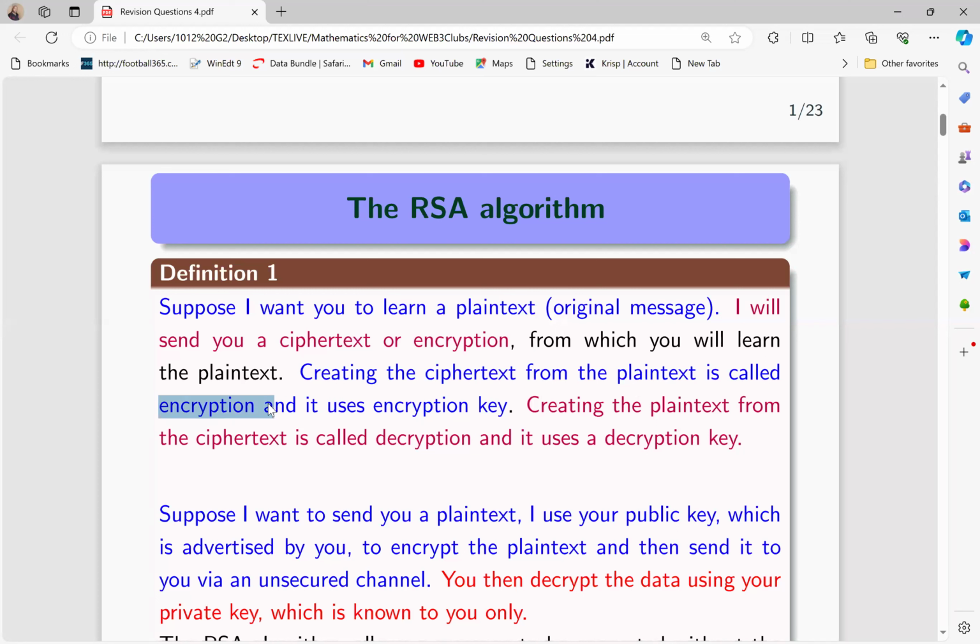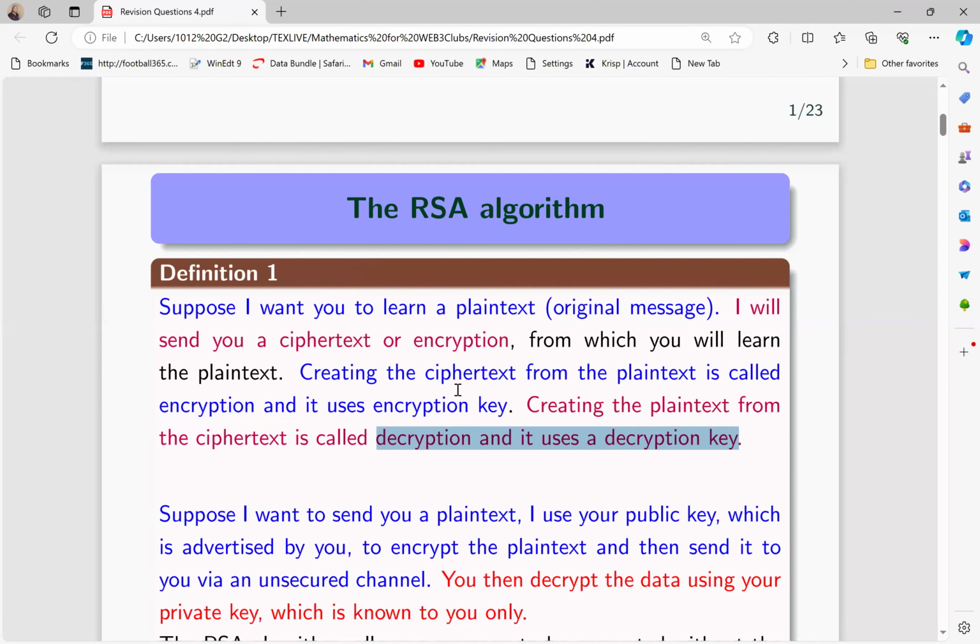Supposing I want to send you the words, let us meet at Afia Center, and I don't want anybody else to know that I'm inviting you. I encrypt that message, so what I send you is the ciphertext. When you encrypt the plain text, what you get is a ciphertext. That's what you send, and the recipient then decrypts. That's decryption.